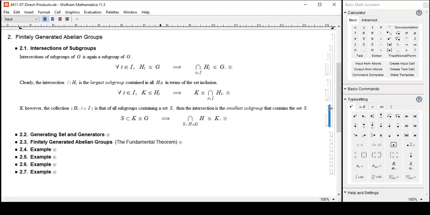But if that collection happens to be the set of all subgroups containing a certain starting set S, which we're going to call the generating set, then the intersection is the smallest subgroup that contains the set S. We went through all that. Now, let's start from this generating set S.